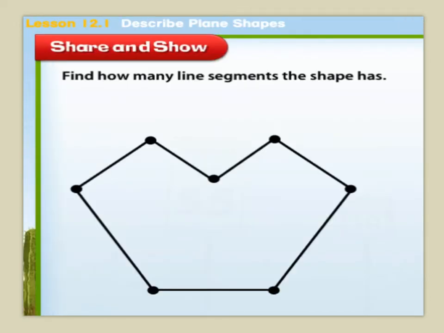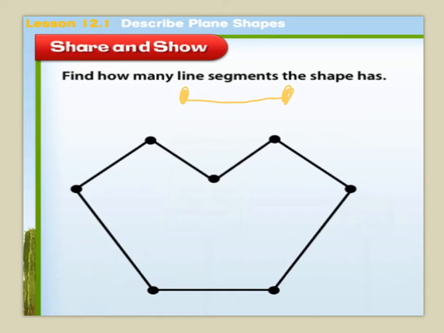Let's find out how many line segments this shape has. Now, a line segment is a little line that has 2 endpoints. Now, how many line segments does this shape have?